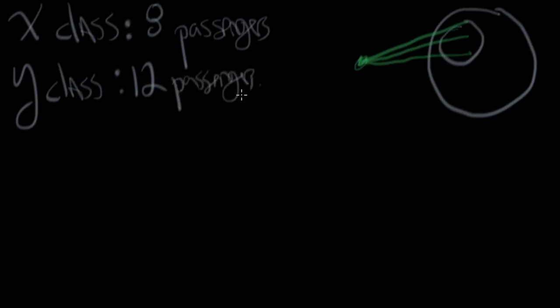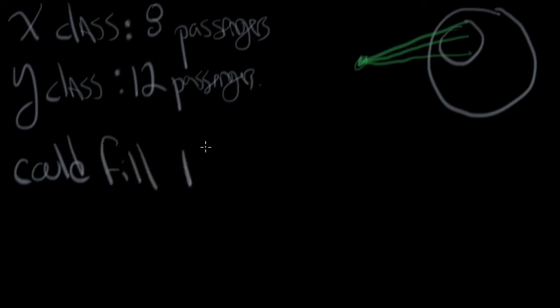Okay. So what you are given, what you know, is that on the first run at the Death Star you could fill 15 X-class and 2 Y-class.